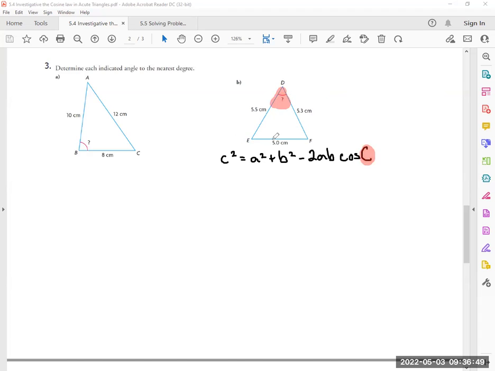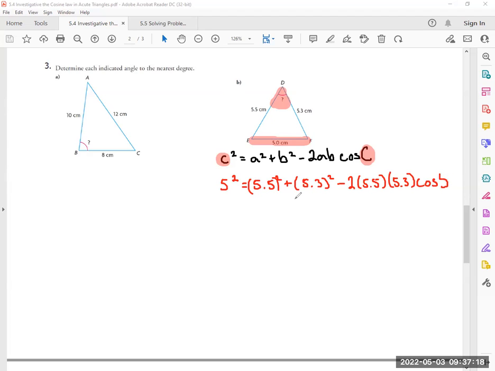This is my angle C, and this is my side C. So let's plug it in. 5 squared is equal to 5.5 squared plus 5.3 squared minus 2 times 5.5 times 5.3 times cosine D.